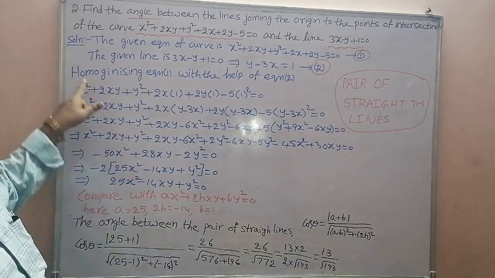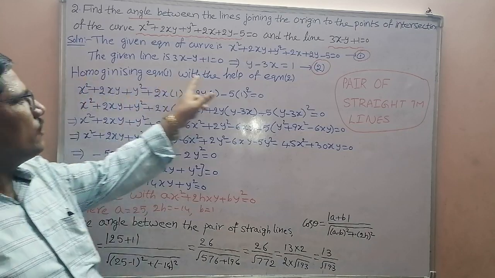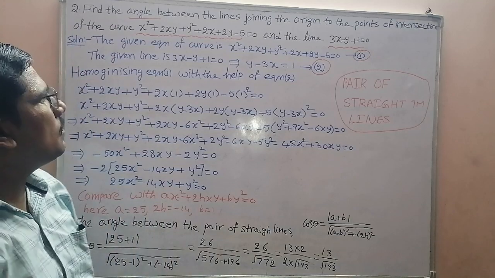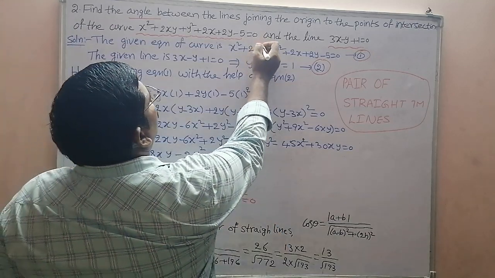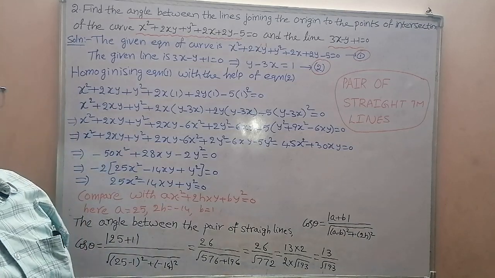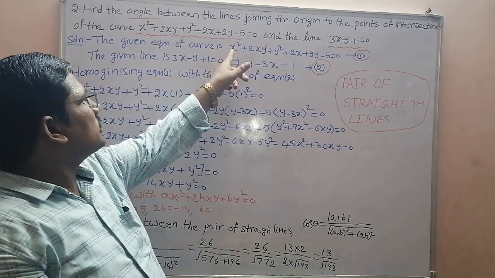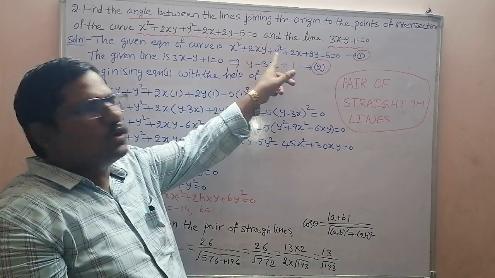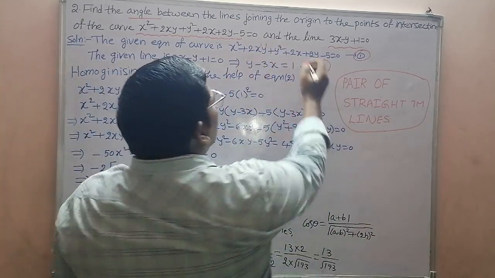Next, homogenizing equation 1 with the help of equation 2. Homogeneous equation means all the powers are the same. That means x power 2, xy power 2, y power 2, and 2x has power only 1.